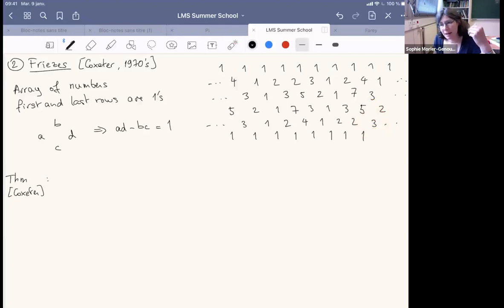The first amazing thing is that the frieze are periodic. And I can predict the period. So let me introduce some data here. I need to know how many rows are between these two rows of ones. And I will call this the width.